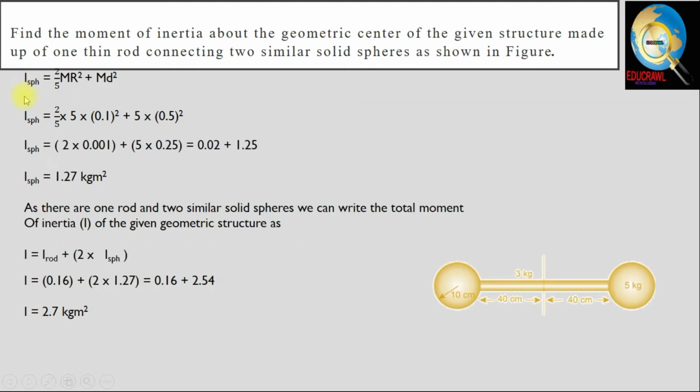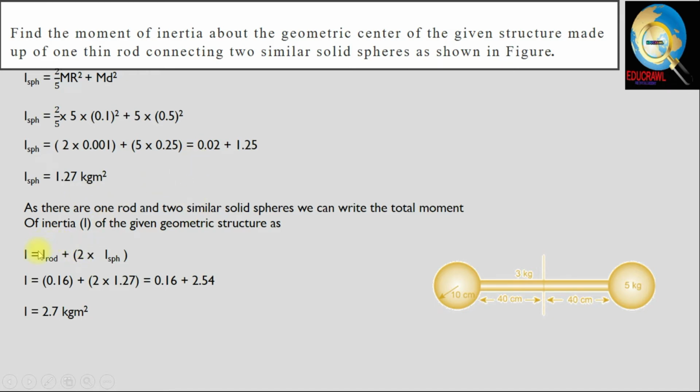So the moment of inertia about the sphere is equal to 2 by 5 mr square plus md square. Substituting the m value, r value, d value and simplifying, we get I sphere is equal to 1.27 kilogram meter square. So we need to add all these values to get the total moment of inertia.